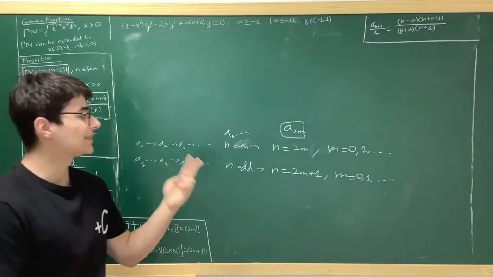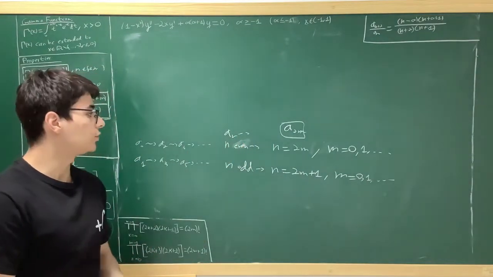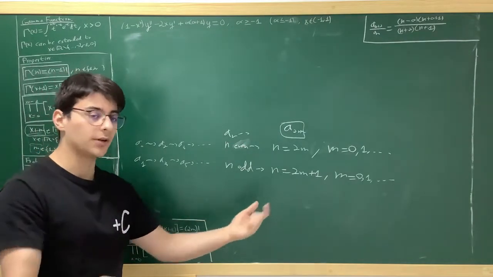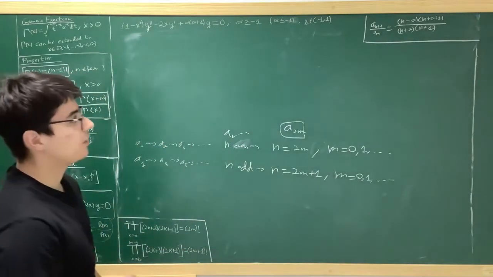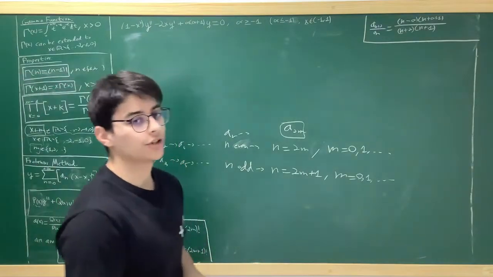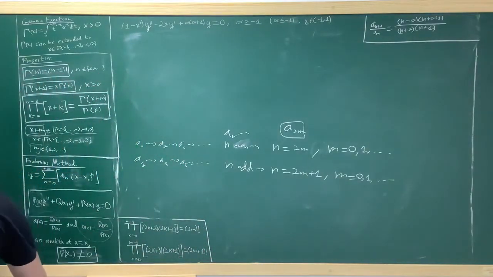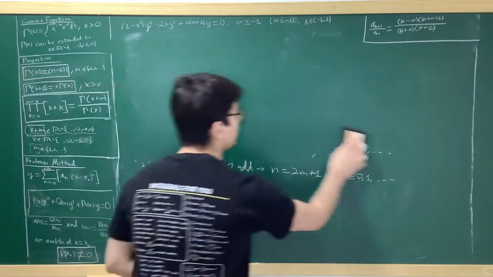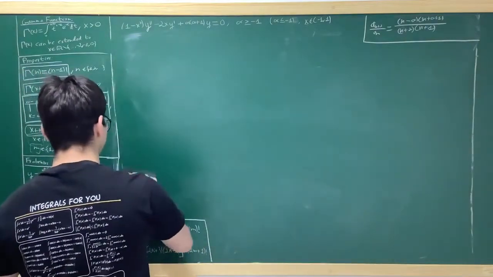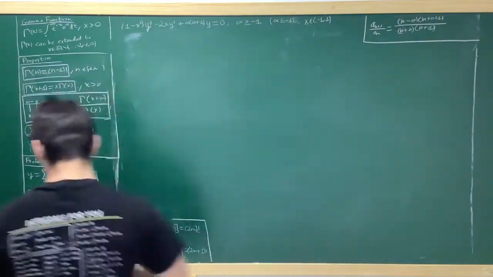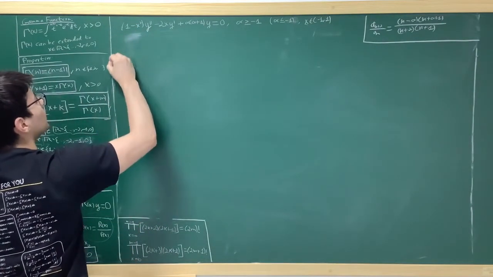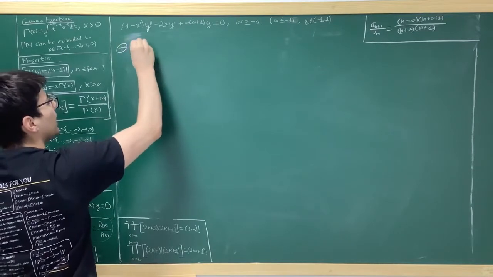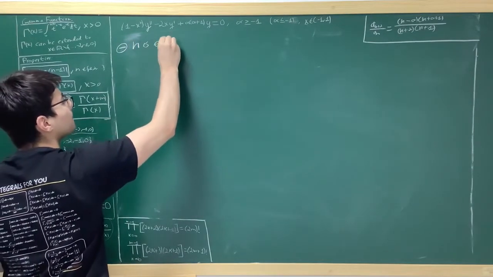So we'll separate this into two terms, the even terms and the odd terms. But apart from that, we will also need to make some distinctions afterwards, but we'll see how. So first of all, let's start with the even part. So right here, let me just write n is even.